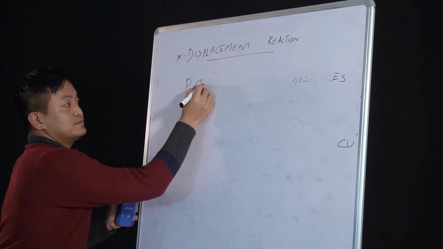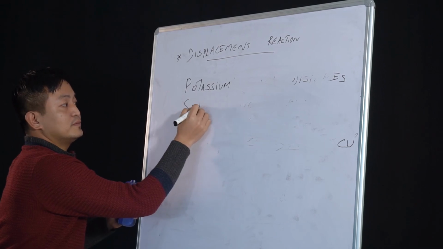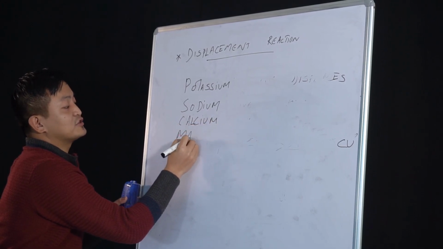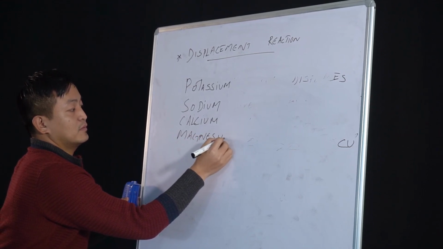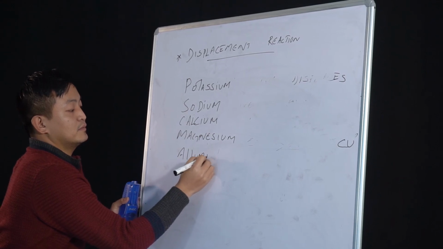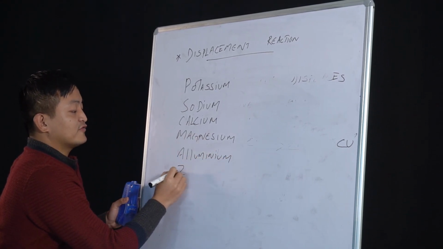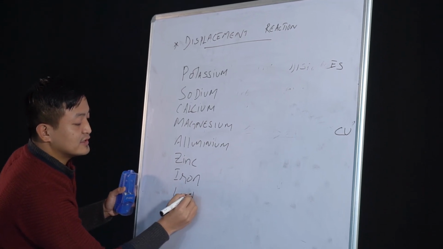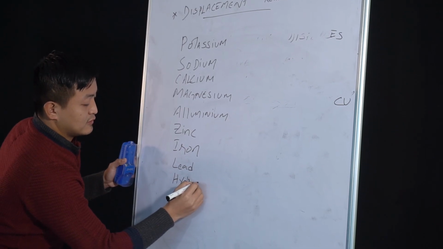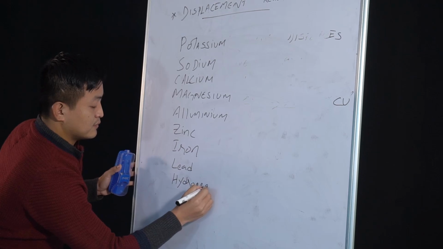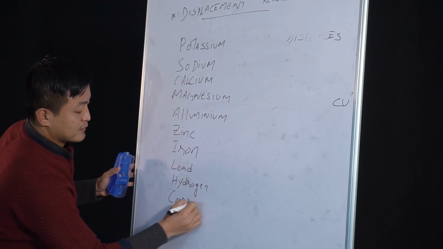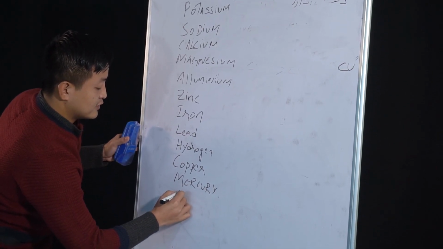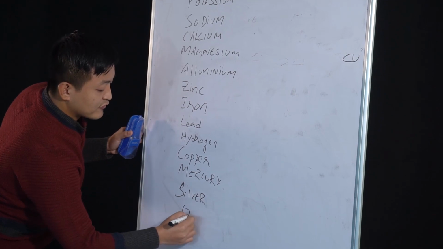So we have potassium, sodium, calcium, magnesium, aluminum, zinc, iron, lead, L-E-A-D, lead, hydrogen, copper, mercury, silver, and the last one we have here is gold.